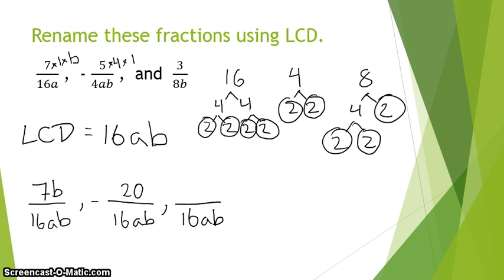That's all you have to write on the top there. And then, how do I go from 8 to 16? I multiply by 2. And then, how do I go from only having B to having AB? Well, I have to multiply it by A. So 3 times 2 is 6, and then times A is going to be 6A. So these are my fractions renamed with the common denominator.